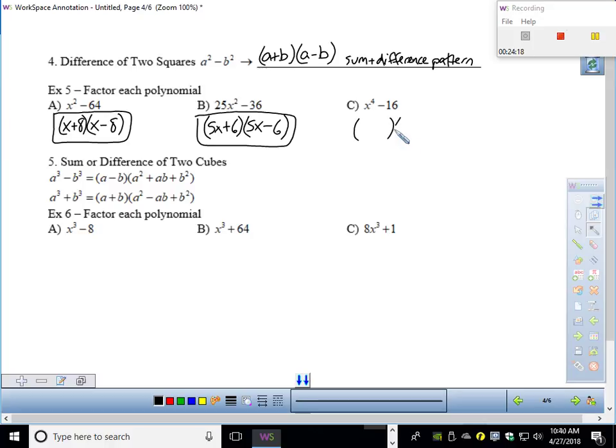With that stated, I get my two parentheses ready to go. Now this is a good one. What times itself is x to the fourth? Well, it has to be x squared times x squared. That looks great. What times itself is 16? Well, it has to be 4 and 4. To get the outside and inside to cancel, 1 plus, 1 minus.